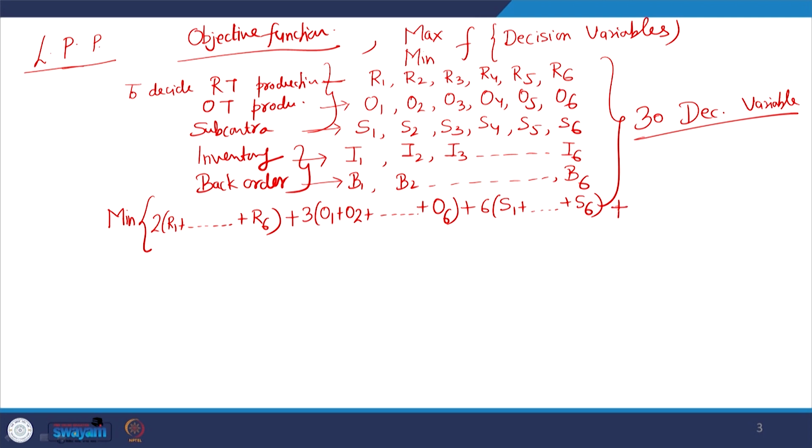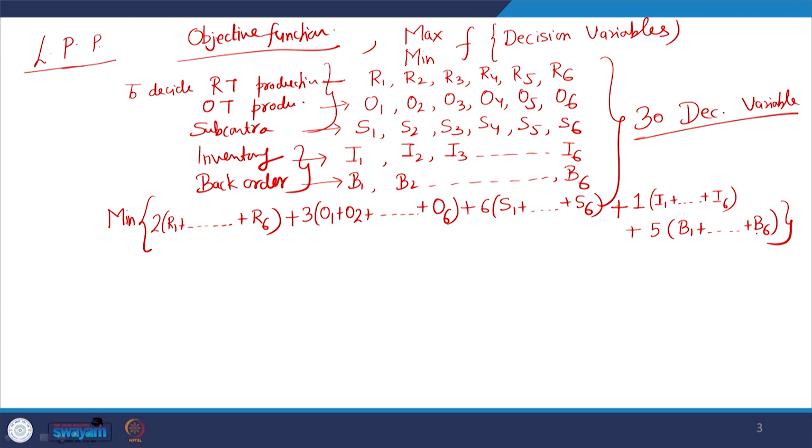So, the cost of average inventory is incurred at the rate of 1 per period. So, I1 to I6, and then the cost of back order. The cost of back order is incurred at the rate of $5 per period per unit. So, 5 into B1 to B6.